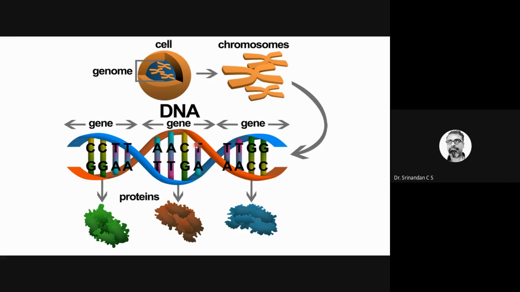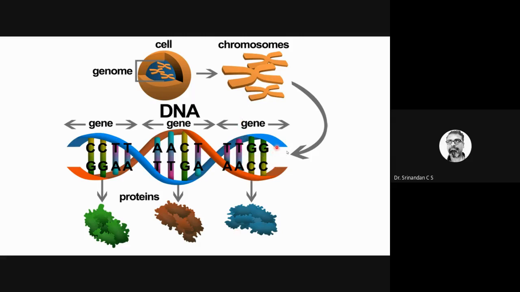Why? Because the DNA stretch, the fragment of DNA which will code for RNA, and that RNA for protein, is called a gene. Okay, this we should know. So in DNA, we have such big sequences, and within them fragments. For example, here TTGG is coding for a protein. This is called a gene.